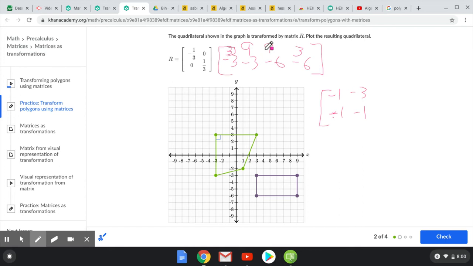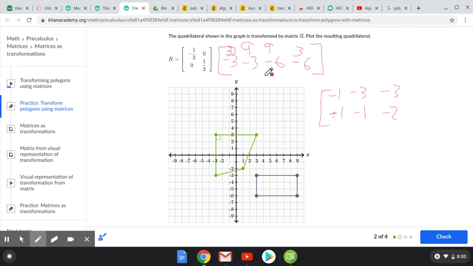So then for my third point, I get -1/3 times 9. Ignore the 0. So -1/3 times 9 is -3. Second row times third column, I get 1/3 times -6 is -2.